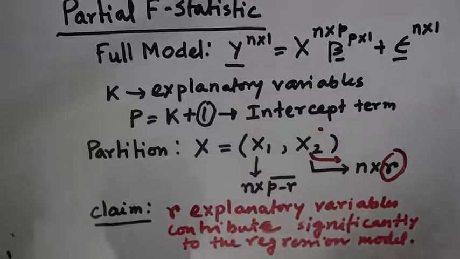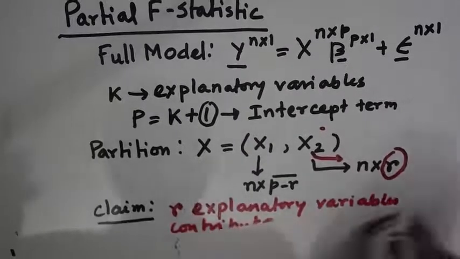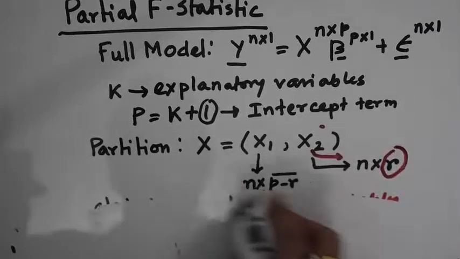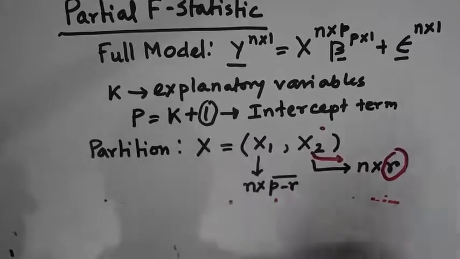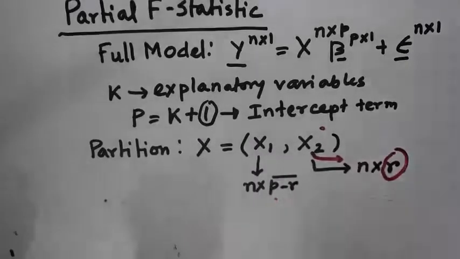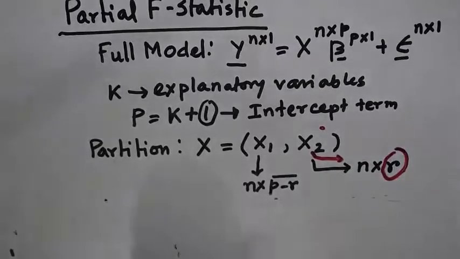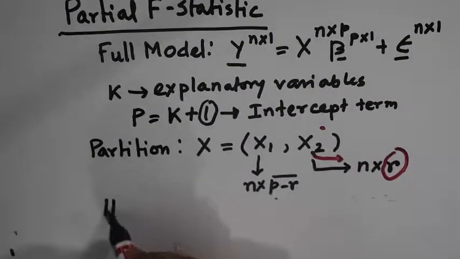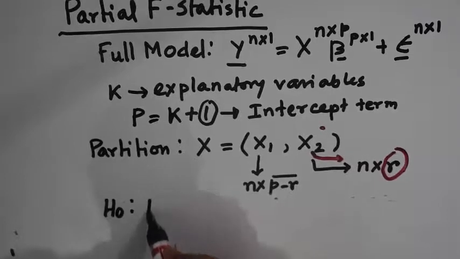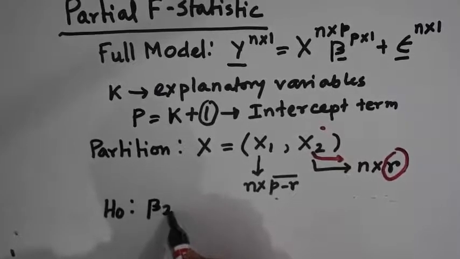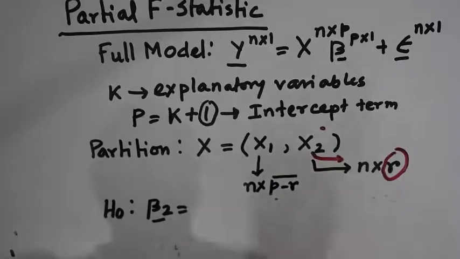Therefore, our null hypothesis H naught concerns beta 2 curl, this is beta 2.